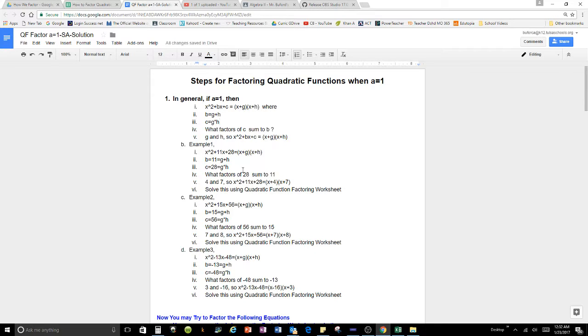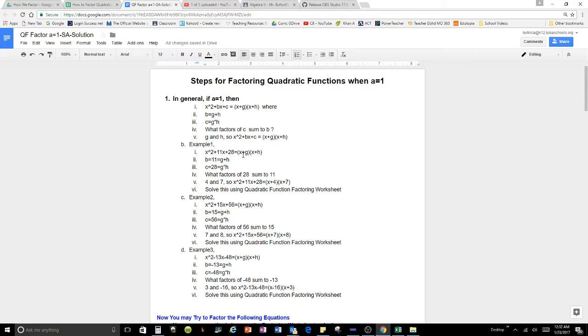So let's look at this in a real quadratic function where we have some numbers. Here we have the quadratic function x squared plus 11x plus 28 equals x plus g times x plus h.